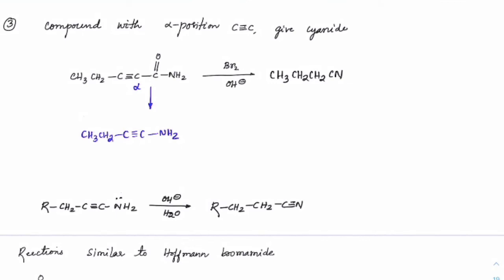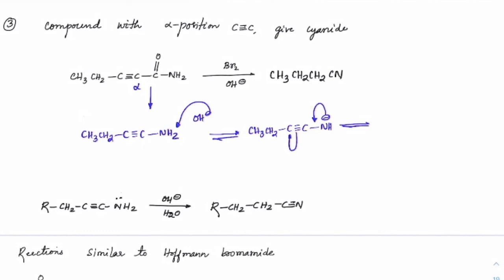Once you get this NH2 here, it is connected with a strong withdrawing group here. Because of this strong withdrawing group, the OH minus can extract a proton from here, and it would become CH3, CH2, C triple bond C, NH minus, and this would be in equilibrium. And this will again be resonance stabilized with this carbon.